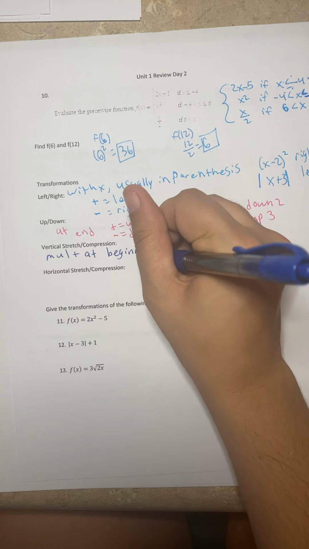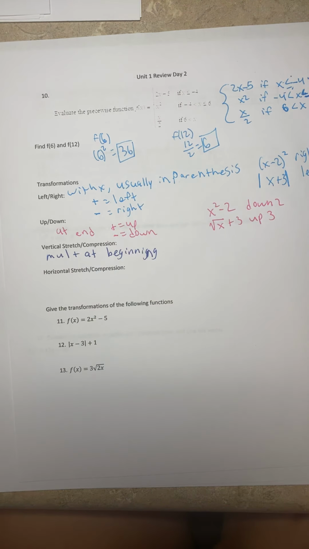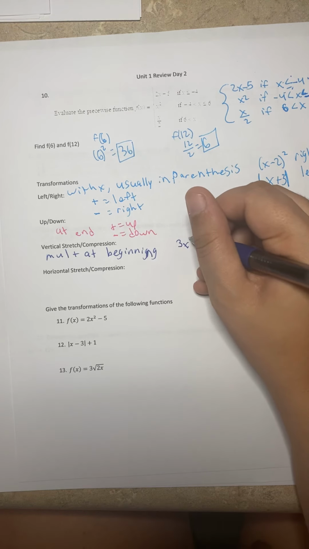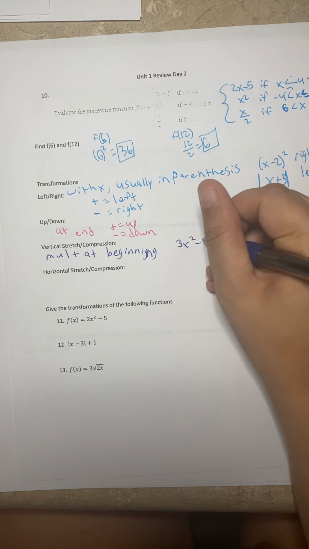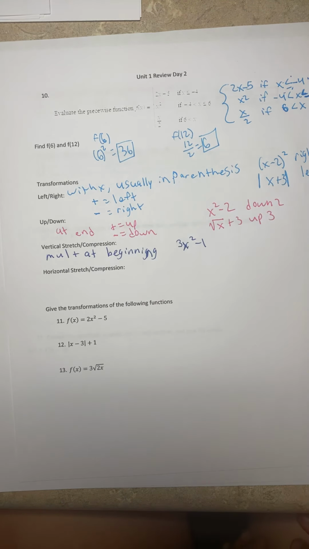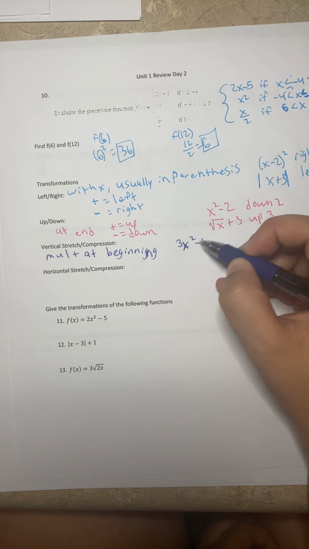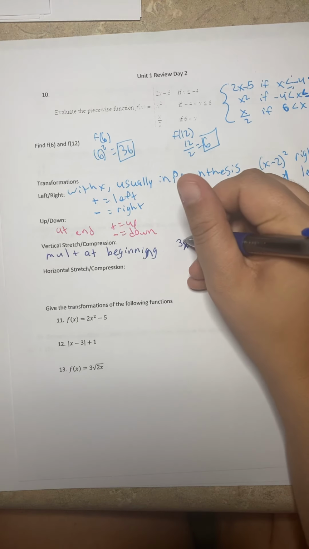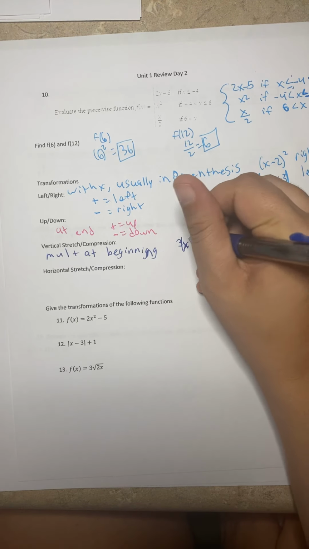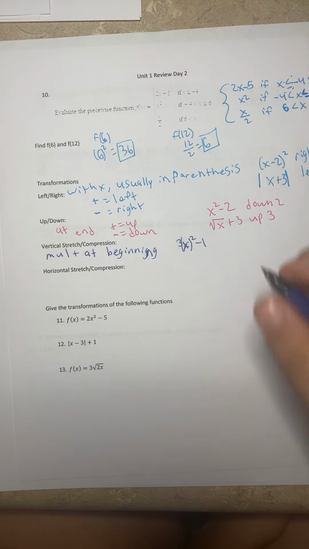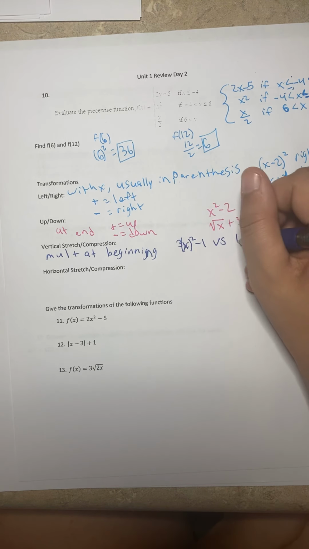For example, 3 times x squared. This is a vertical stretch because the 3 is directly in front of the whole function, not with x. So that means it is a vertical stretch by 3.